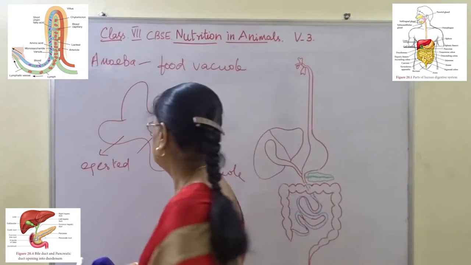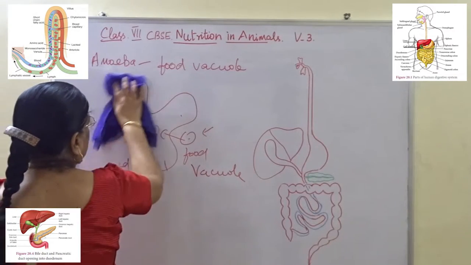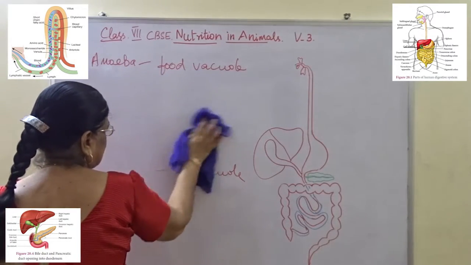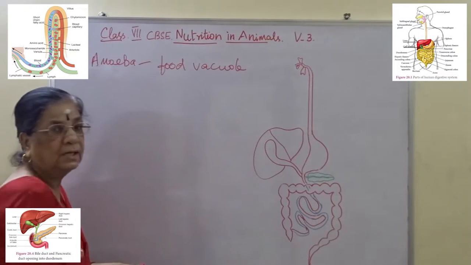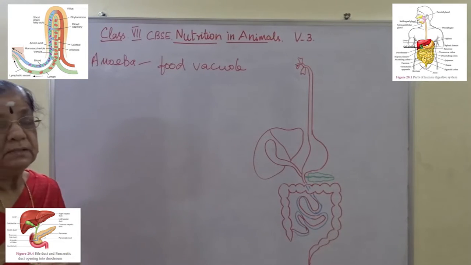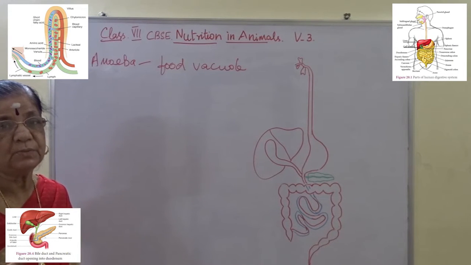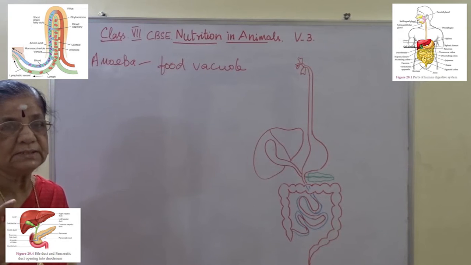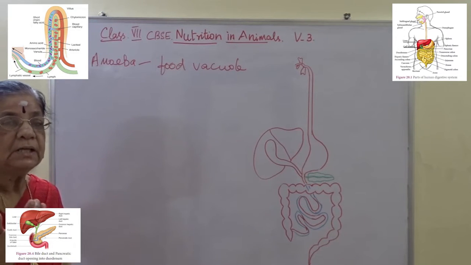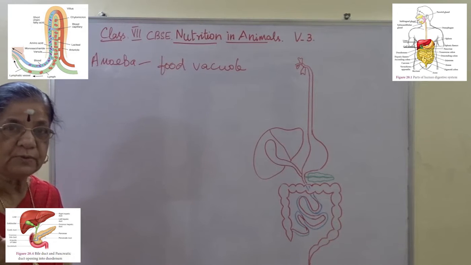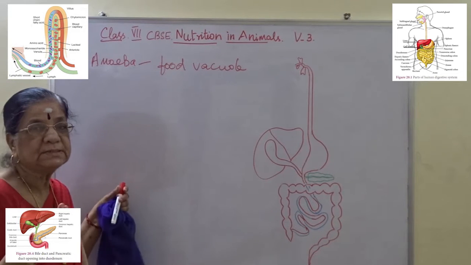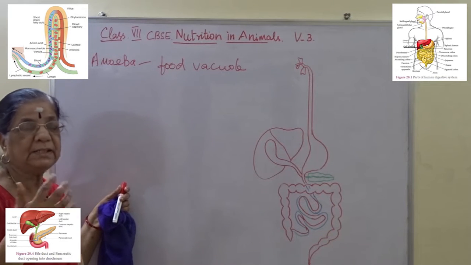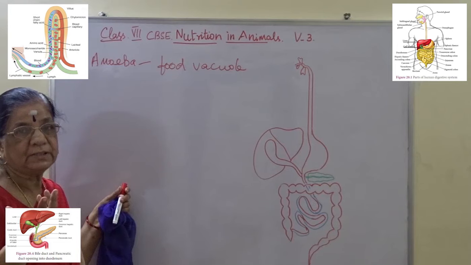So that is nutrition in amoeba. Its main role is played by the pseudopodia, and it is a unicellular organism. When the food enters inside, it forms the food vacuole.